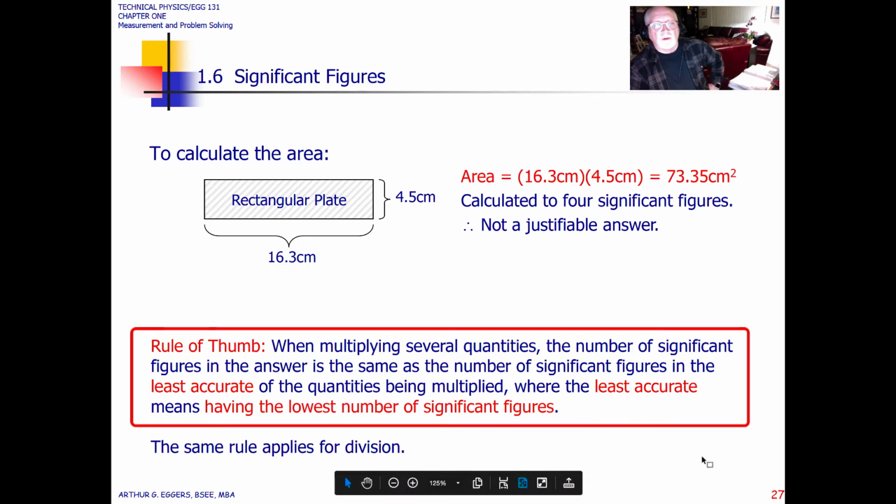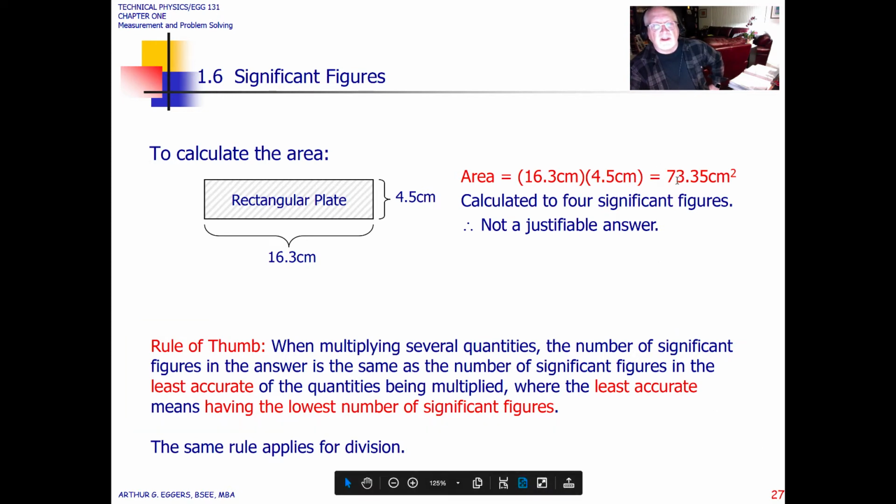The same rule applies for division. So we have 3 significant figures, 2 significant figures. When we took the product, we had 4 significant figures. All we can have, the least accurate, is 2, the 4.5, 2 significant figures. So we would have to round this up or round this down to come up with an accurate answer.